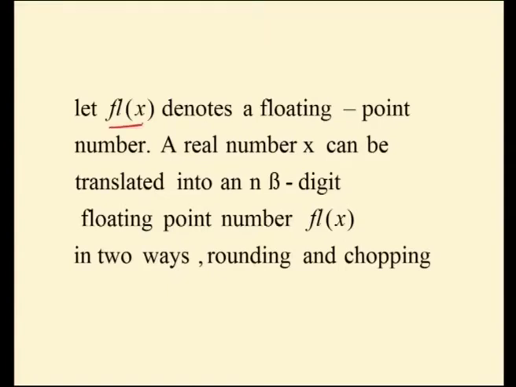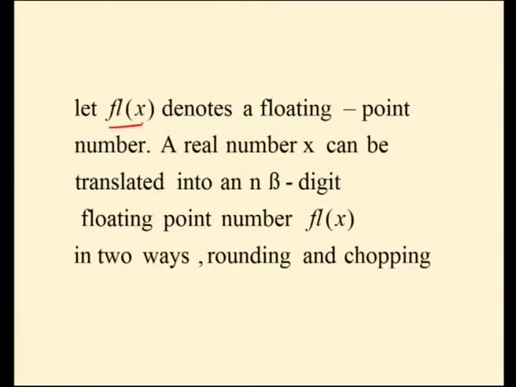Let fl(x) denote a floating point number, that is, a decimal number represented in floating point form in terms of sigma, mantissa and exponent. A real number x can be translated into an n-digit base beta floating point number fl(x) in two ways, that is, rounding and chopping.